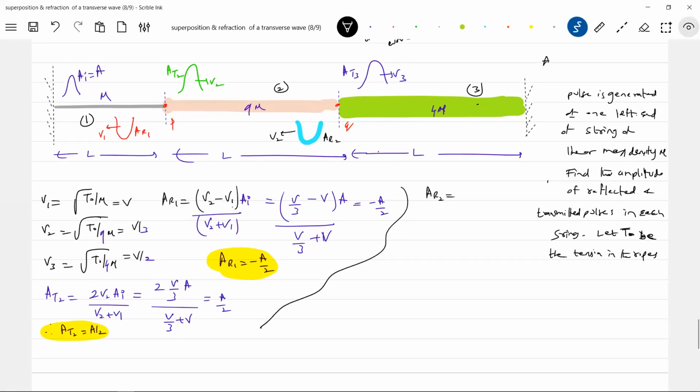What shall I write? Don't write the formula as speed of the wave in the denser medium minus speed of the wave in the rarer medium. No, not like that. V2 is the speed of the wave where the transmitted pulse is present. So I should write V3 minus V2 over V3 plus V2, into AT2. Try to see the formula. This will become the incident pulse for the second boundary. Don't write speed of the wave in the denser medium minus speed in the rarer medium.